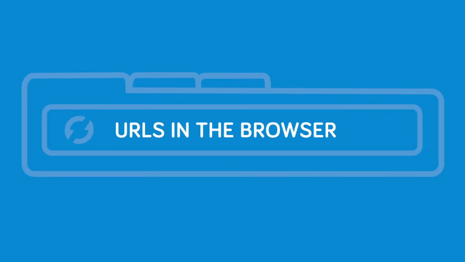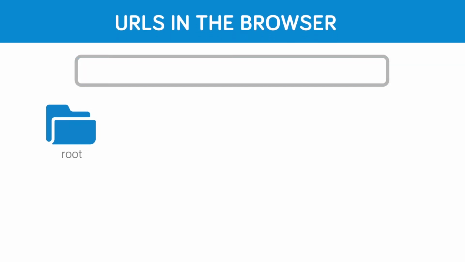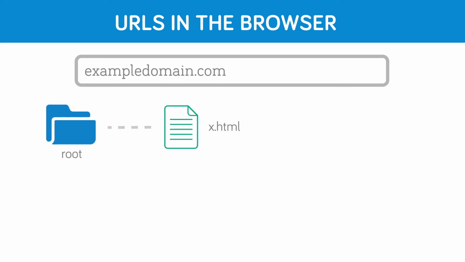It's easy to see directory structure in use when you look at the URL bar in your browser. In the URL, the domain name points directly to the root directory of the website. If the domain name is written by itself, with no folders or files after it, the browser automatically looks for the index.html file in the root directory, which is why it's so important to correctly name index.html and make sure it is located in the root.